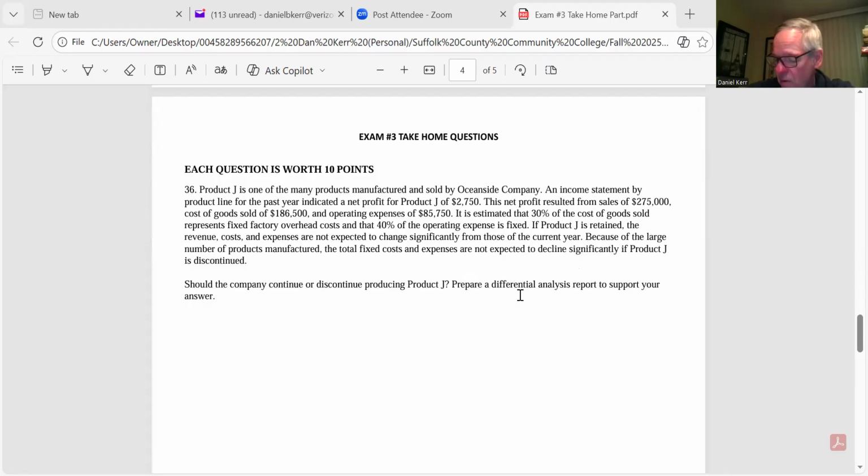So the first alternative is to continue with product J. The second alternative is to discontinue product J. And then based on your differential analysis, what would you conclude? Should they continue with J, which is alternative number 1, or should they discontinue J, which is alternative number 2?